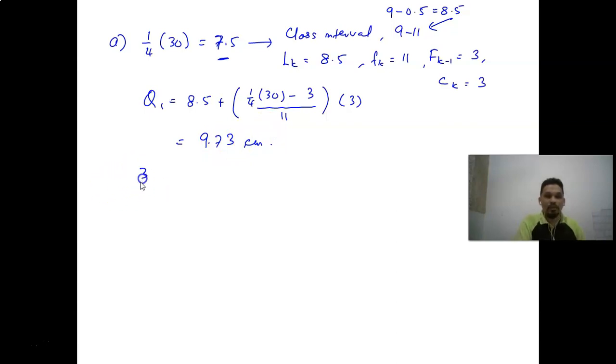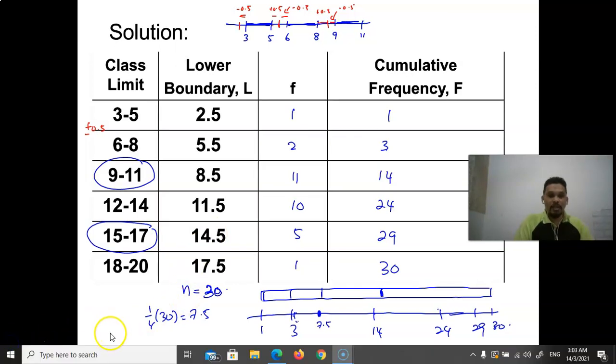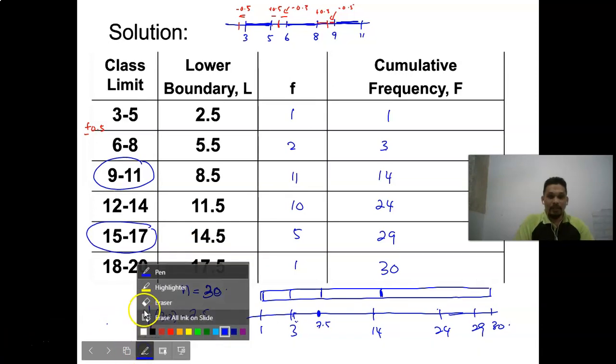And the third quartile: 3/4 times 30 equal to 22.5. Okay, 22.5 lies in between 24 up to 29. So it lies in this class of 15 and 17. Okay class, sorry, I made a mistake here.